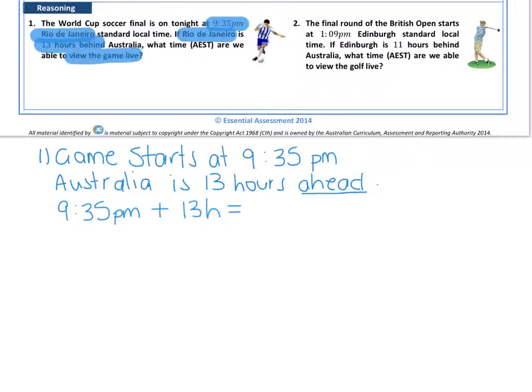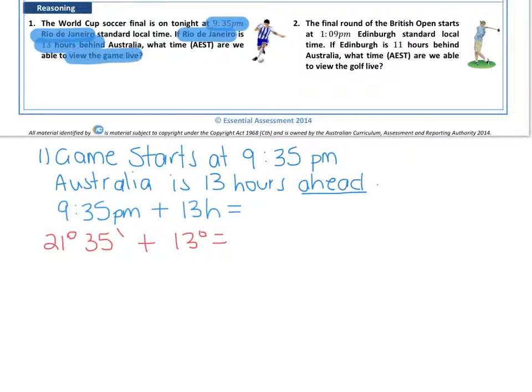If we wish to use the calculator to work this question out, we need to convert that 9:35 p.m. into 24-hour time before we input it into the calculator, giving us 2100 hours and 35 minutes, and we want to add to that 13 hours.